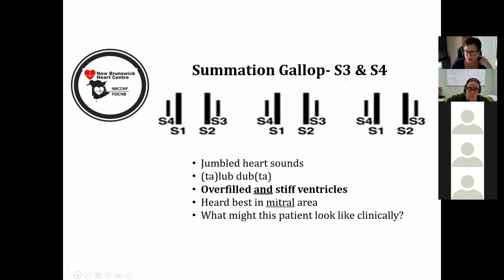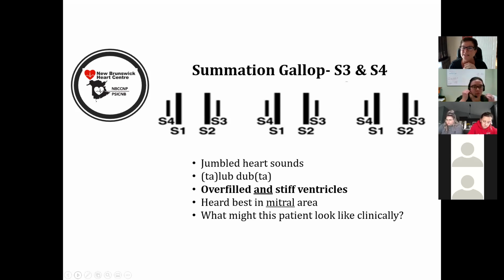Are we discharging them? They look sick. They look pretty unstable. Yep, they're sick. So they've got volume overload related, not caused by the S3, but indicated by the S3. They've got a stiff ventricle. These patients look sick, and so they're usually tachycardic.